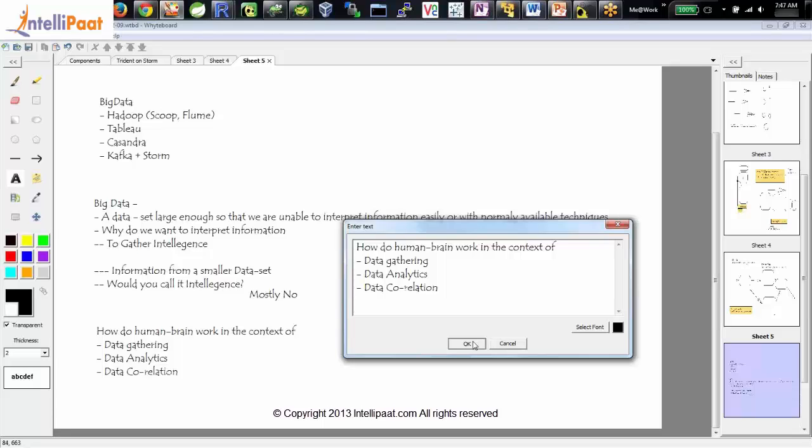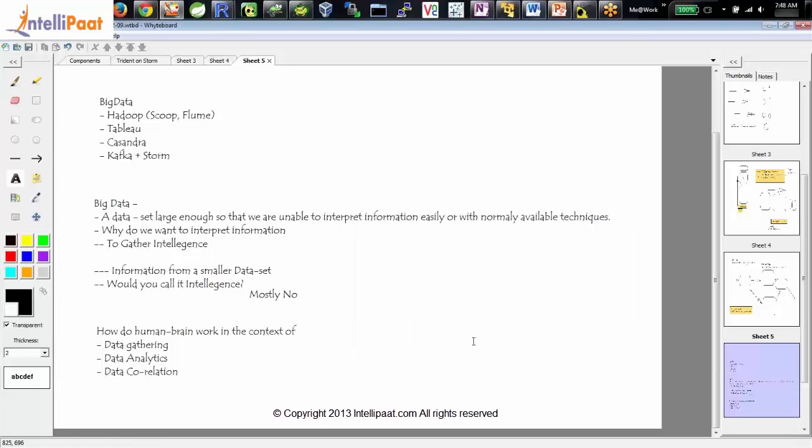I'm talking from a human brain perspective. For example, when you are planning a trip or deciding on buying something, how does your brain process it? It tries to gather as much information as possible. Very important: data and information.